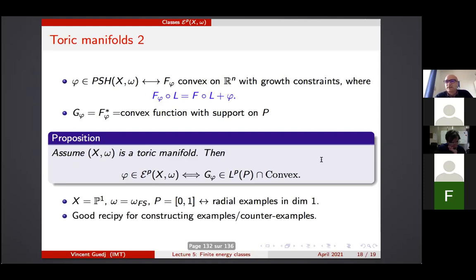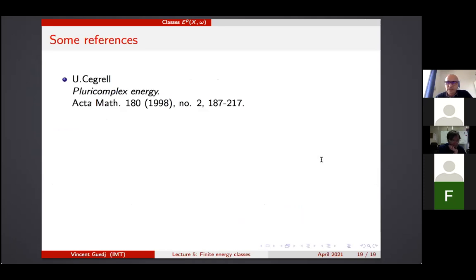But in any case, I advise the PhD students following the course to invest a bit in toric geometry, because it is very often a useful test ground for making computations or checking possible conjectures on problems that you are interested in.